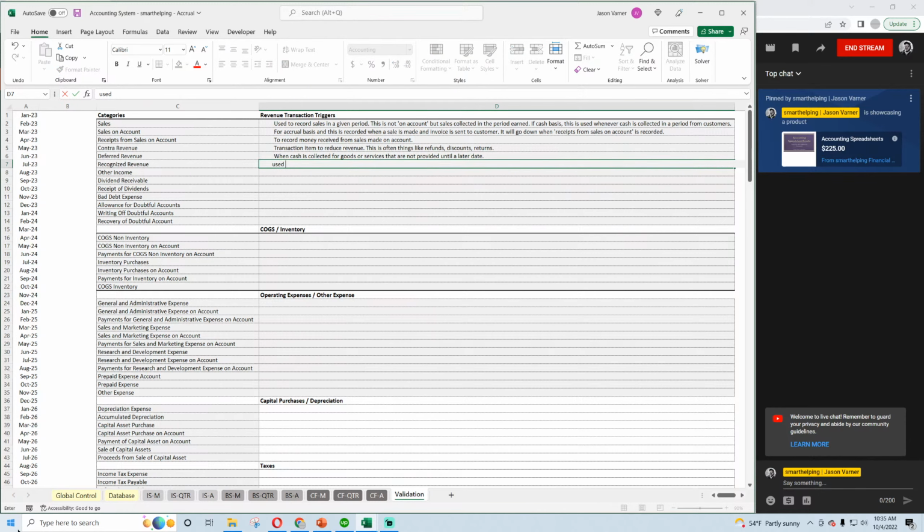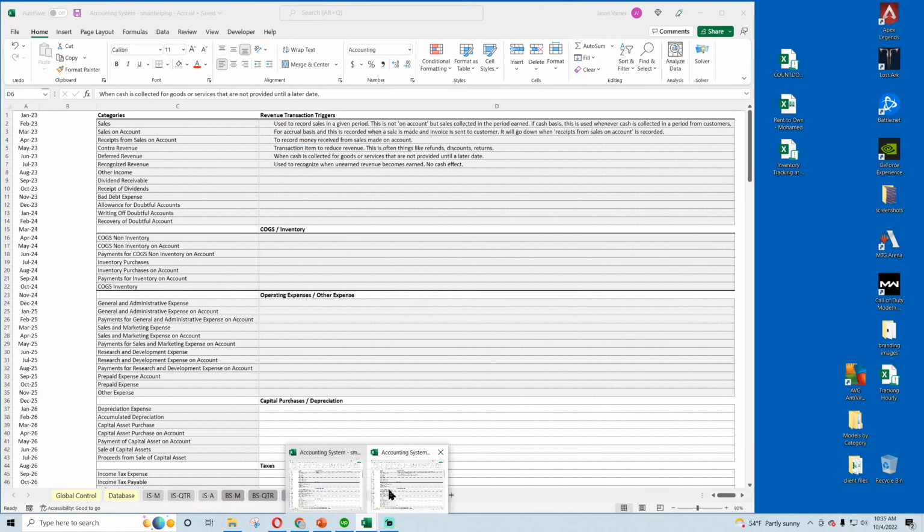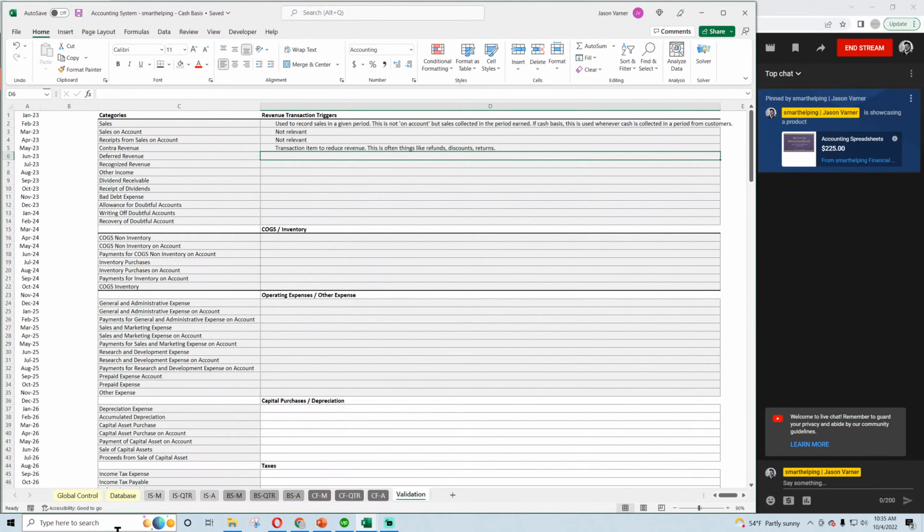Used to recognize when unearned revenue becomes earned. No cash effect. And again, for cash basis, this is not relevant.